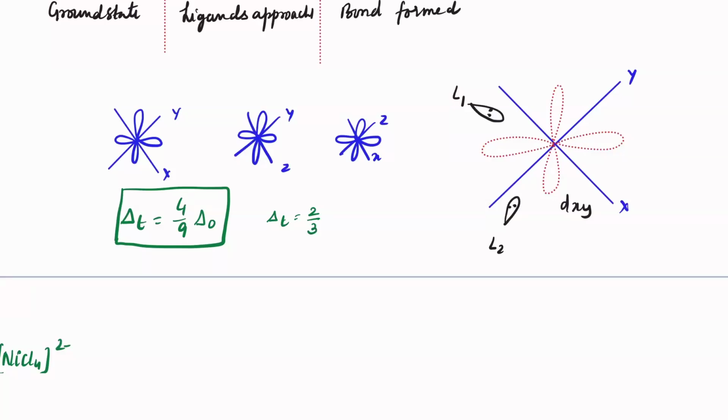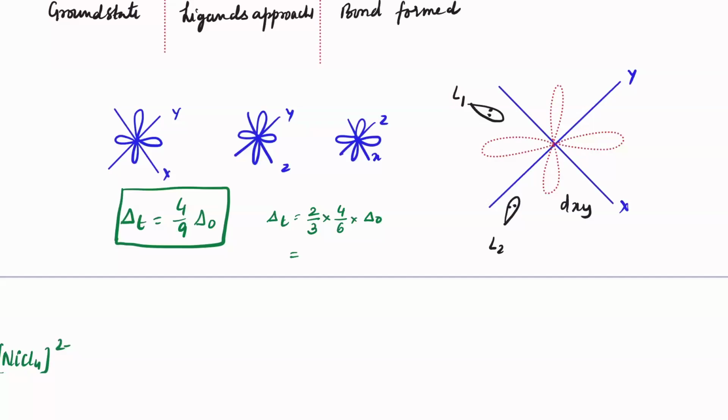Second thing, how many ligands are approaching? We are expecting six ligands, but only four ligands are coming. So that into delta T. Got it? So what are these ratios exactly? This two-third is the lost repulsion energy because of being sideline ligands, not head-on ligands.